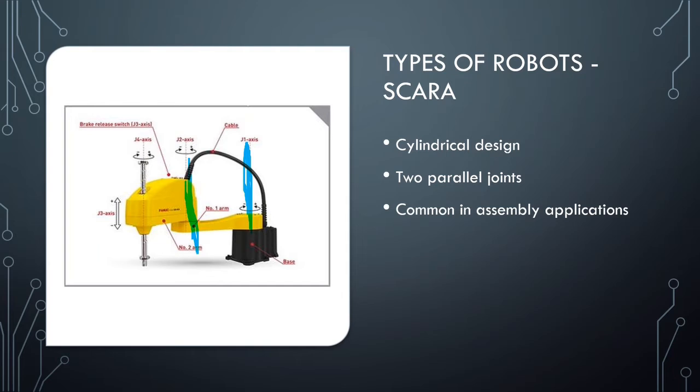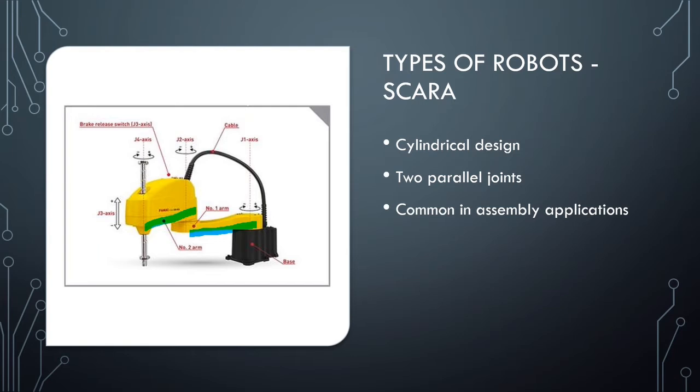We only have that motion in one spot on this little end effector here. So this can move up and down, but nothing else can, which makes the work envelope a little bit smaller. But these are typically used for very specific tasks. We can see that these have two parallel joints, so we have one here and one here. These are commonly used in very simple assembly applications.